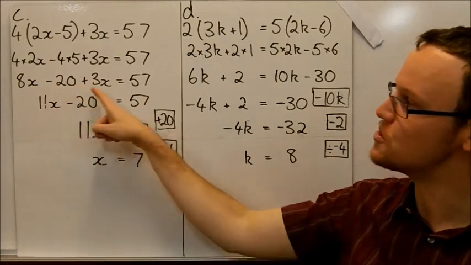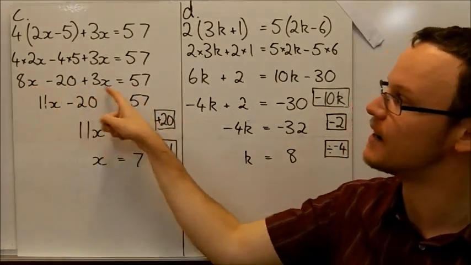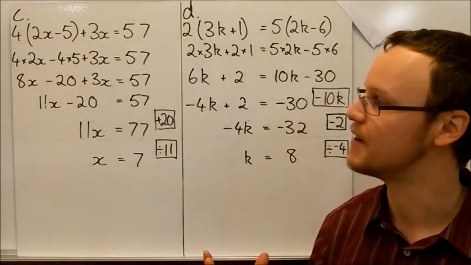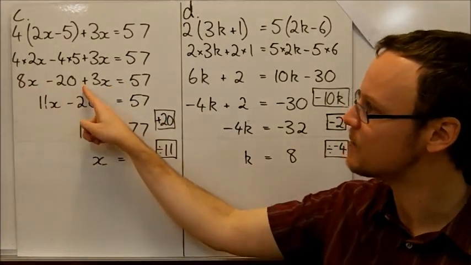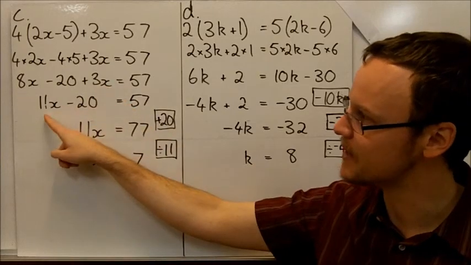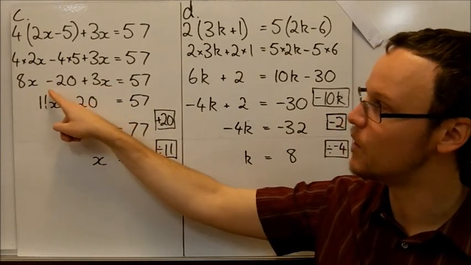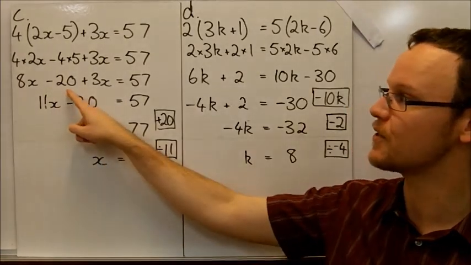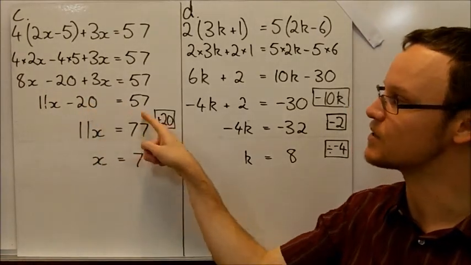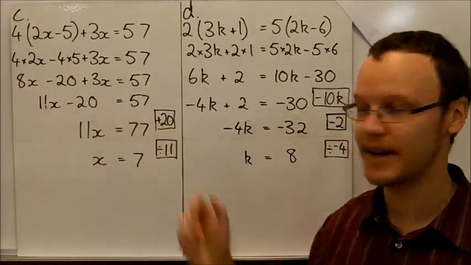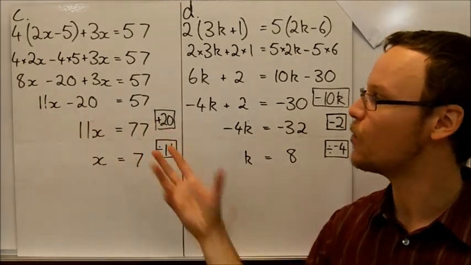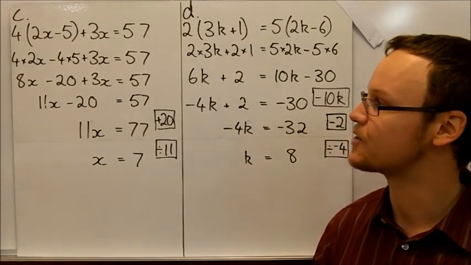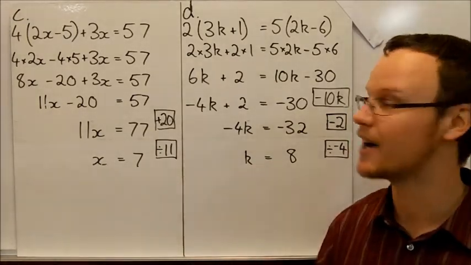So now we do have some like terms here. We've got our 8x plus 3x. They're like terms. They both have x in them. So 8x plus 3x is 11x. And the subtraction is still out the front of the 20. Minus 20 equals 57. Now we don't have any more like terms, so all we can do now is finally solve our equation algebraically.